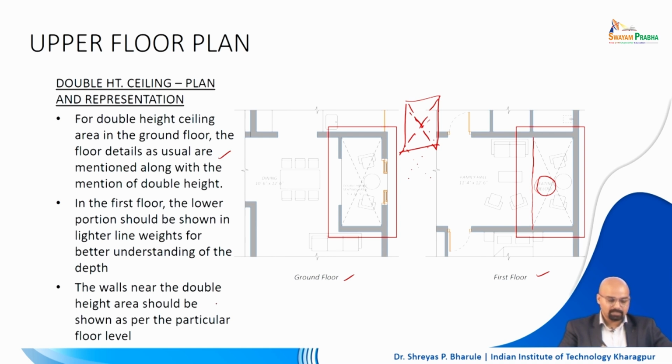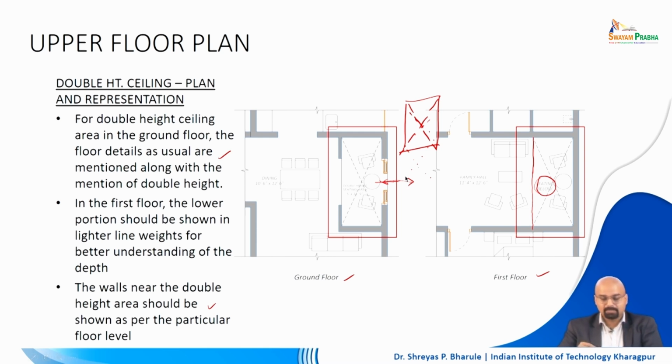The walls near the double heighted area should be represented as per the floor level, meaning that here you see the walls are continuing, but on the ground floor level there is a folding door there, right. There is a door from which people can enter and exit this particular sitting area, or maybe it is a window going to quite a depth, that becomes a double paned door as well, wherein you can move out and come back in, right.